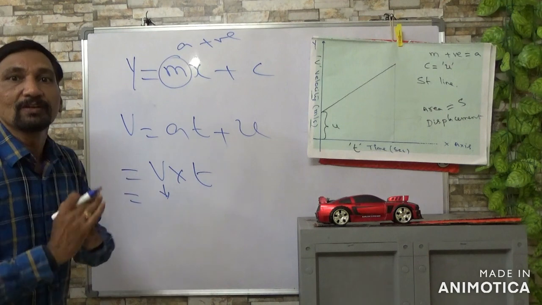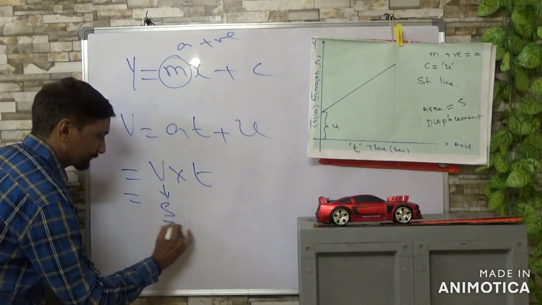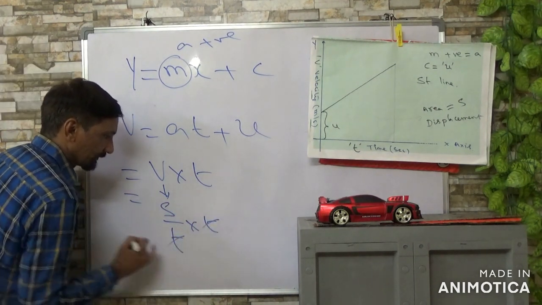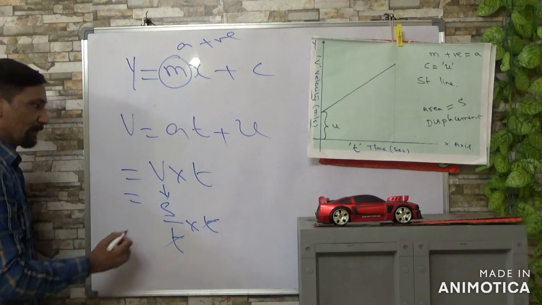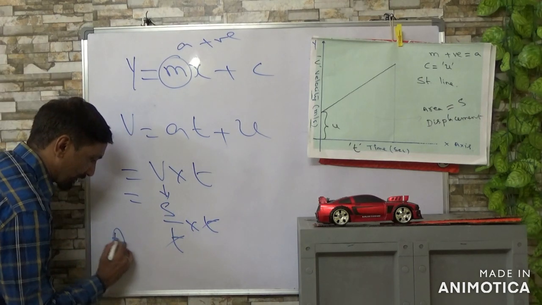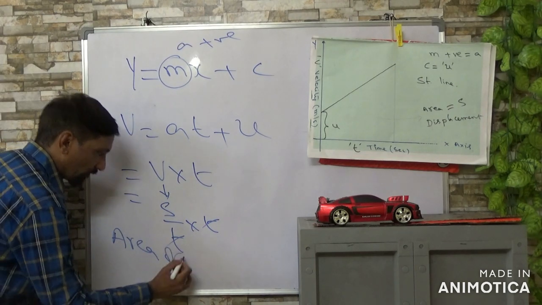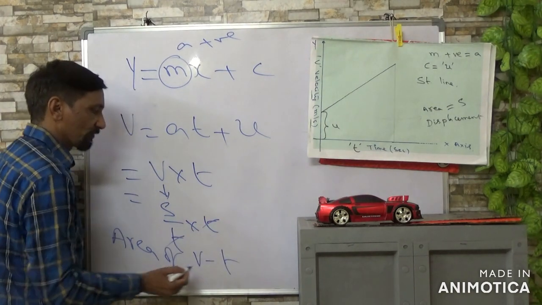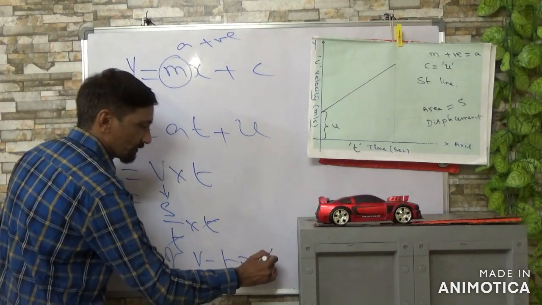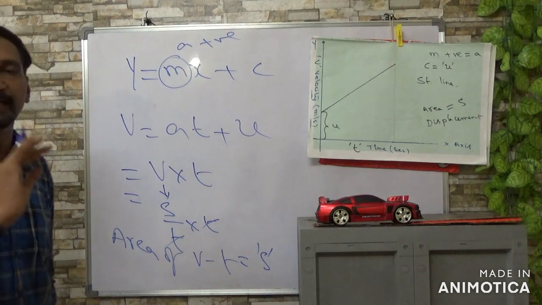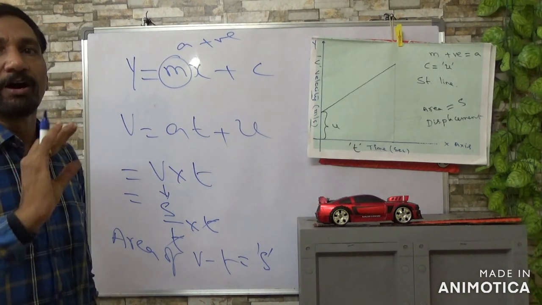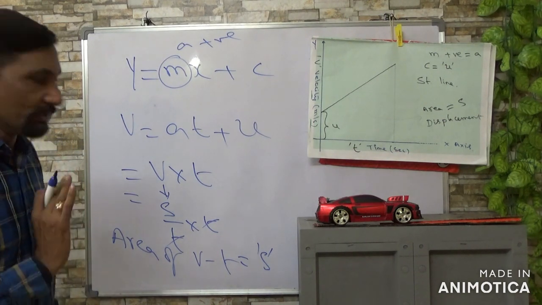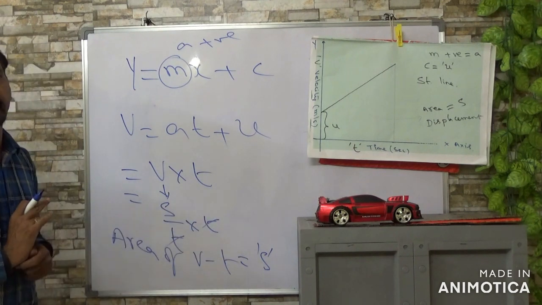Rate of change of displacement. Cancel, right? Displacement. So it is very, very important. Area of VT graph gives displacement. So remember, area of VT graph gives displacement.